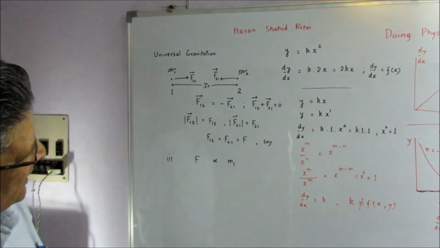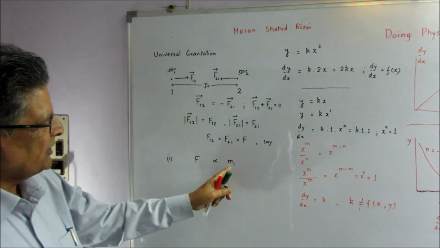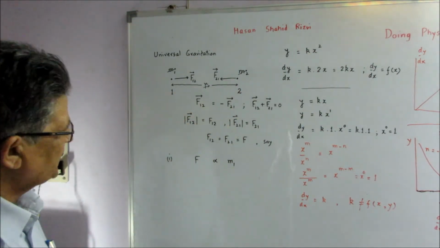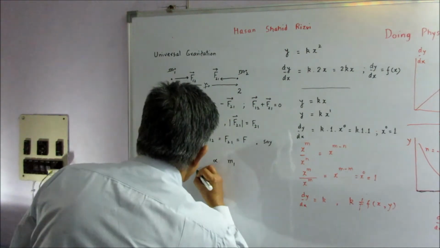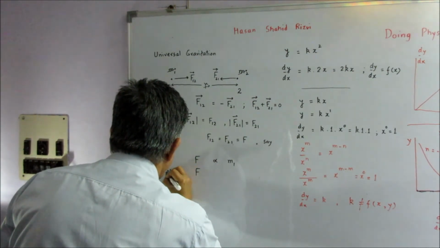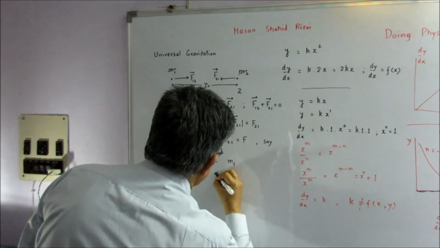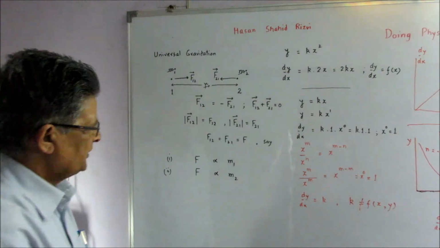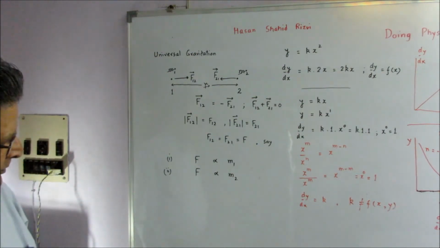Also in a similar manner, if M1 is not changed, only M2 is changed and everything else remaining the same, then F is also proportional to M2. These are simple proportionalities.